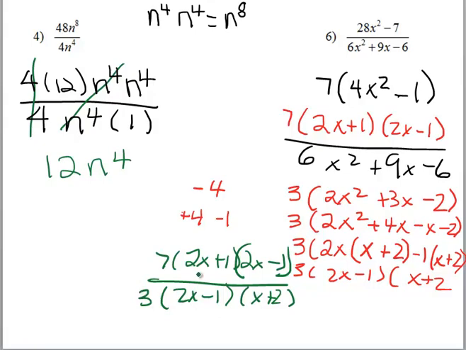That won't cancel, that won't, but this will. And what I'm left behind with is 7 times 2x plus 1 over 3 times x plus 2.